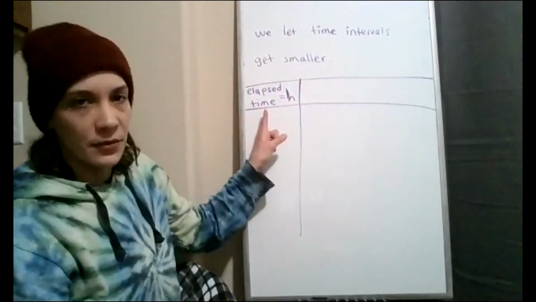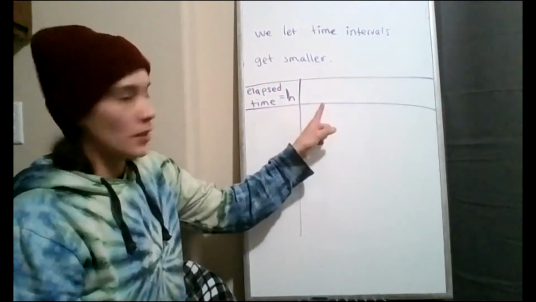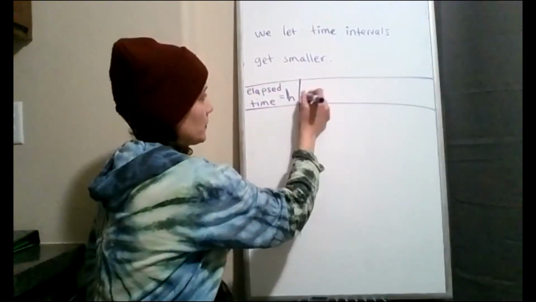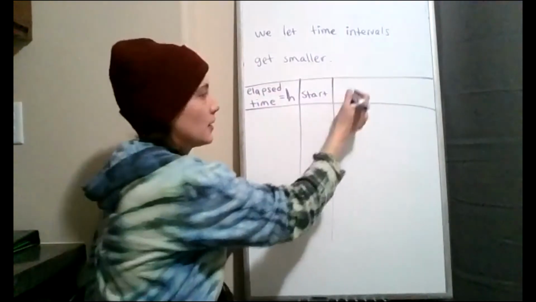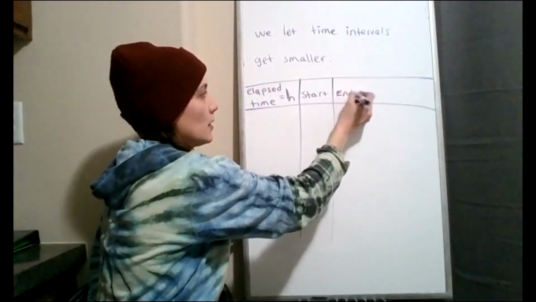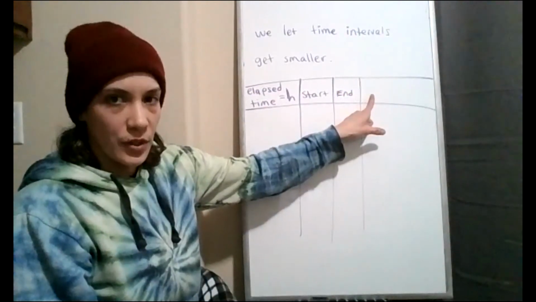Okay, this is for elapsed time, which we're going to call h. Where we start, where we end, and the average velocity.